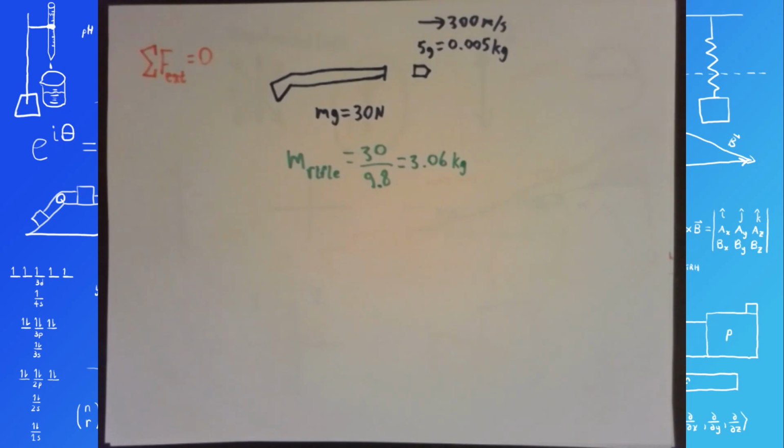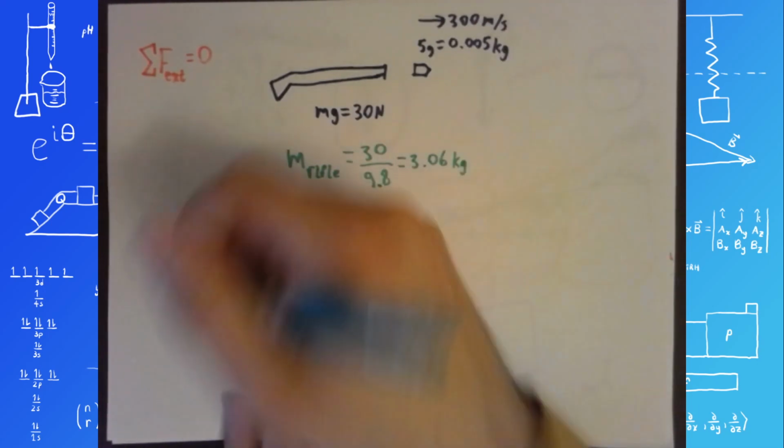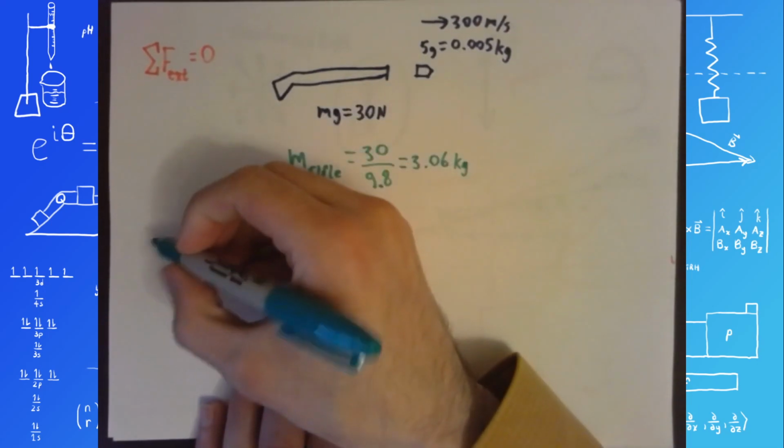Anyway, we've got the mass, so now what we should be able to do is just write our conservation of momentum equation.